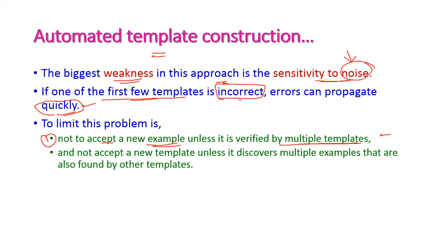The second is not to accept a new template unless it discovers multiple examples, and these are also found by other templates. By using these two approaches we can easily overcome this weakness.